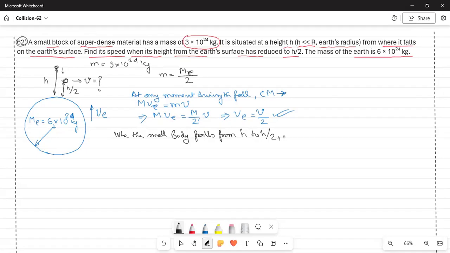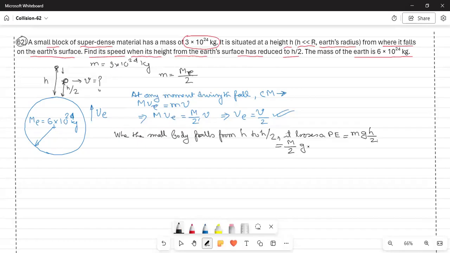Falling by h by 2, it loses potential energy equal to m g h by 2, where this small m is equal to capital M by 2.